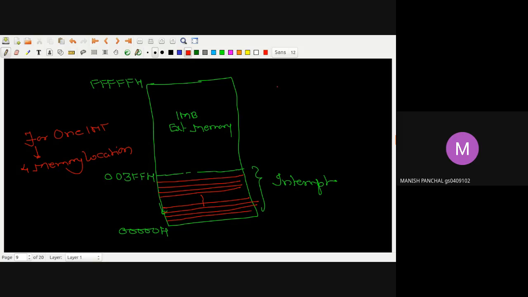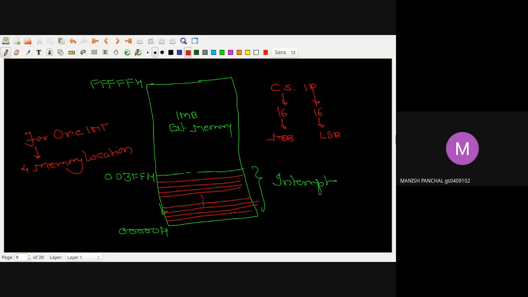The content will be just the combination of CS and IP. So if you are writing an address like this, this is the complete 32-bit address. It is 16 and 16. This 16 is called the LSB 16, and this 16 is called the MSB 16.